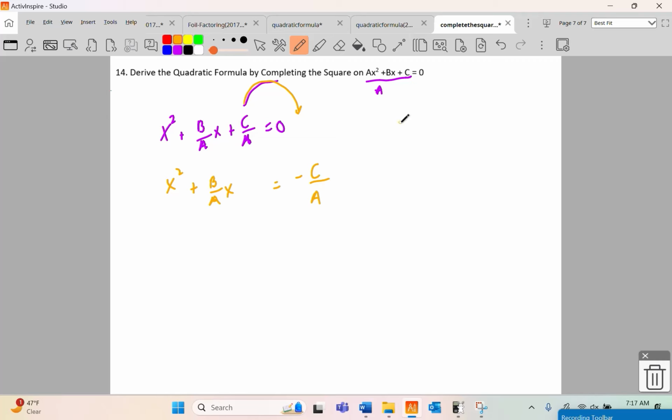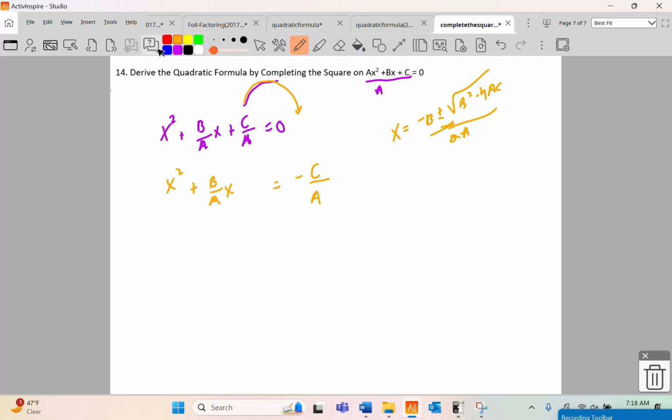By the way, let's go ahead and do the quadratic formula. X equals negative b plus or minus square root b squared minus 4ac all over 2a. See how this is already a negative c over a? It's getting there. Give it a few minutes and we'll get there.